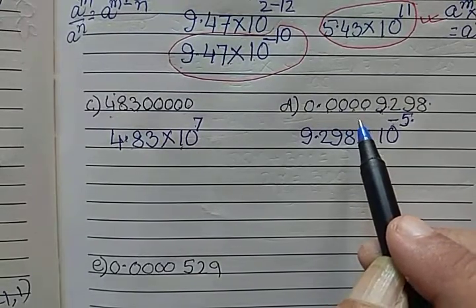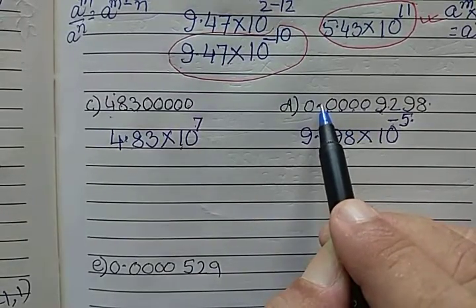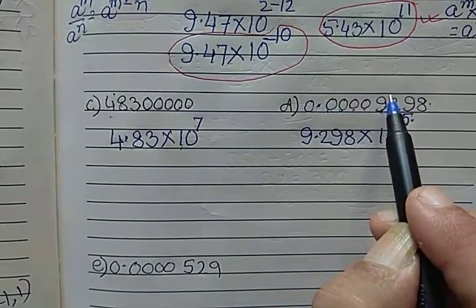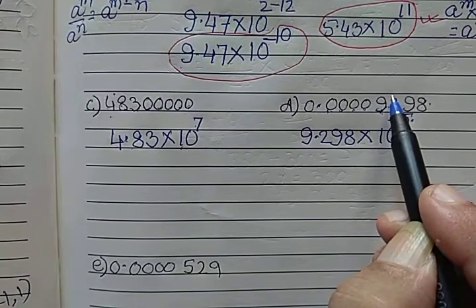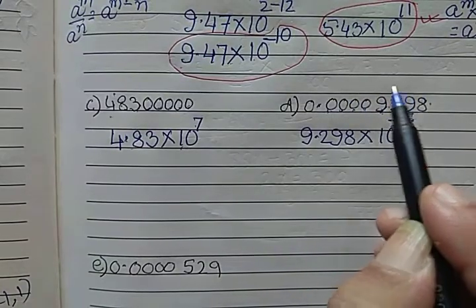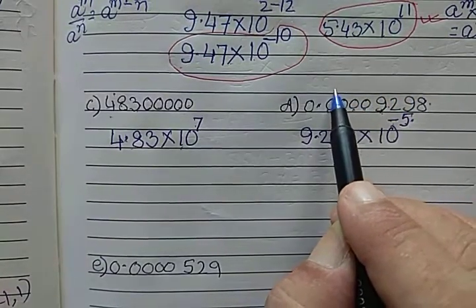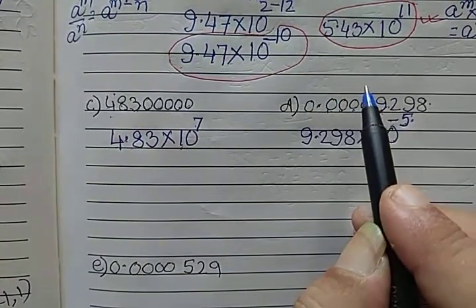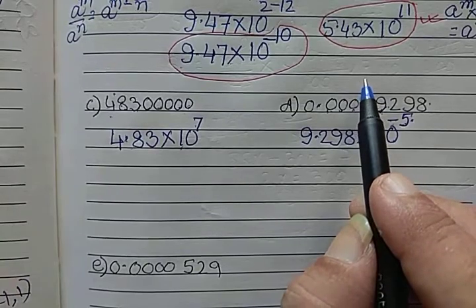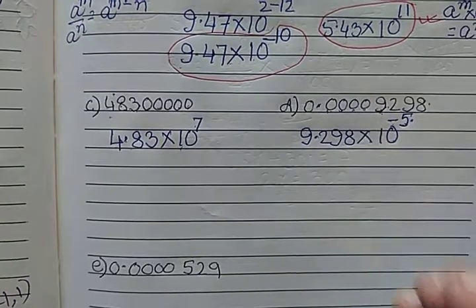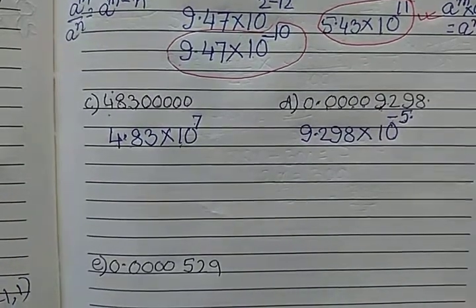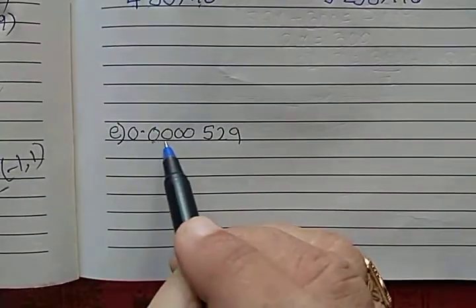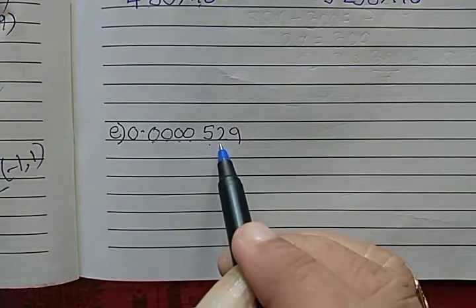You shift your decimal 5 places towards the right. When you move the decimal place towards the right, you have minus. When you move the decimal place towards the left, you have plus. So let us do one more: 0.0000529.